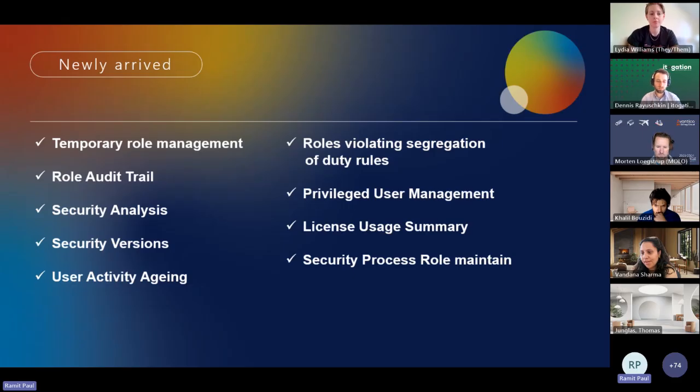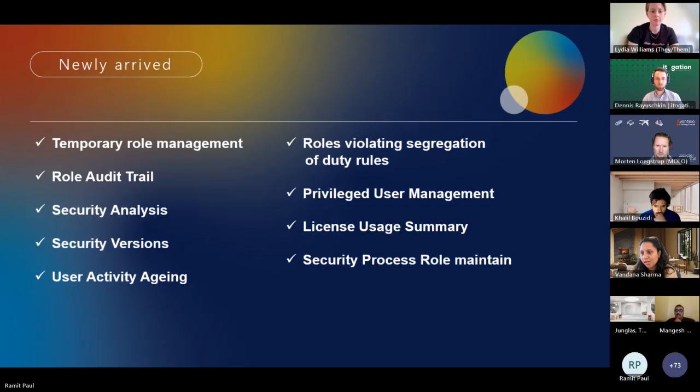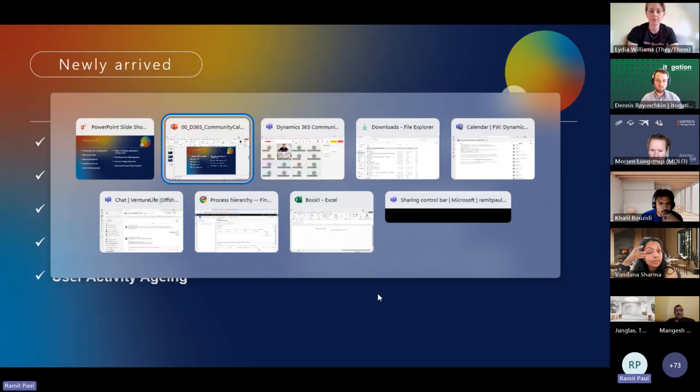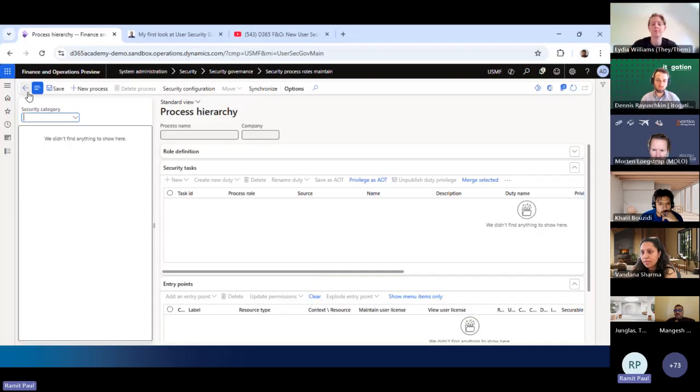Once you enable it, this whole list of features will be available in Dynamics 365 Finance and Operations. In the interest of time, I will give you an overview and help you understand what this is. I will quickly change my screen to Dynamics 365 Finance and Operations.